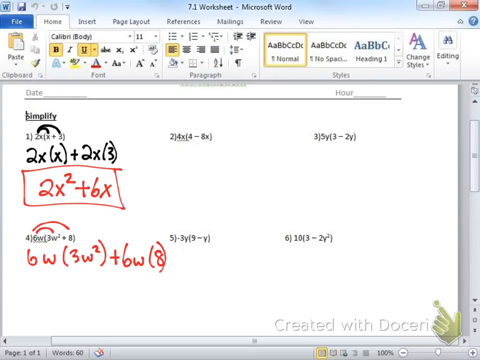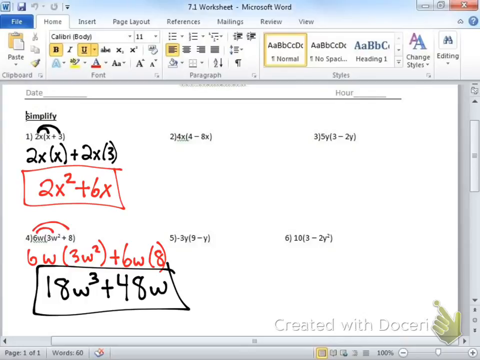Multiply the coefficients, you get 18. Add the exponents, you get w to the third. So 18w to the third plus, what is that, 48w? There you go. Any other ones, 1 through 6, that you're kind of dreading?